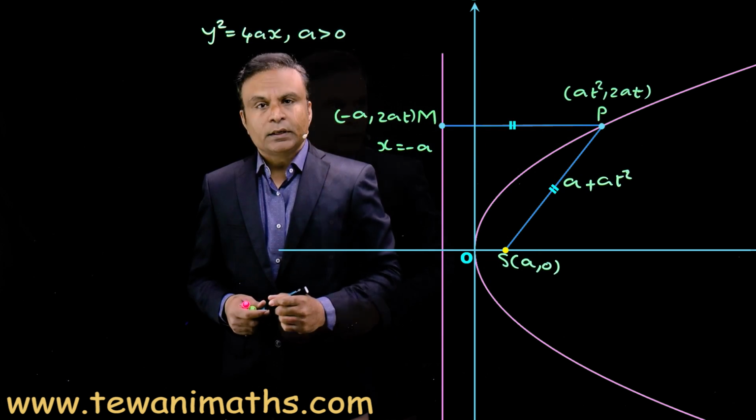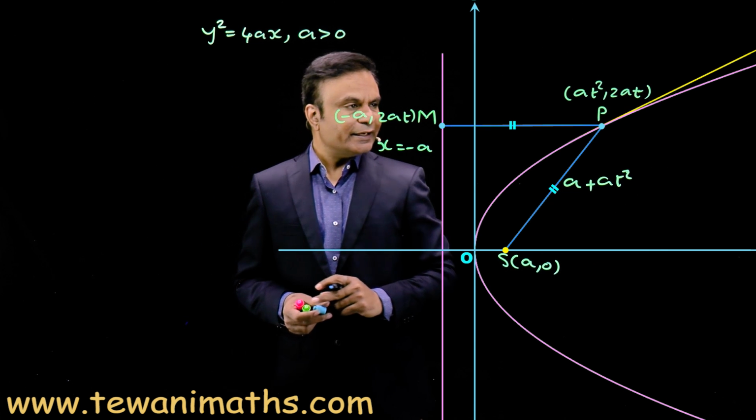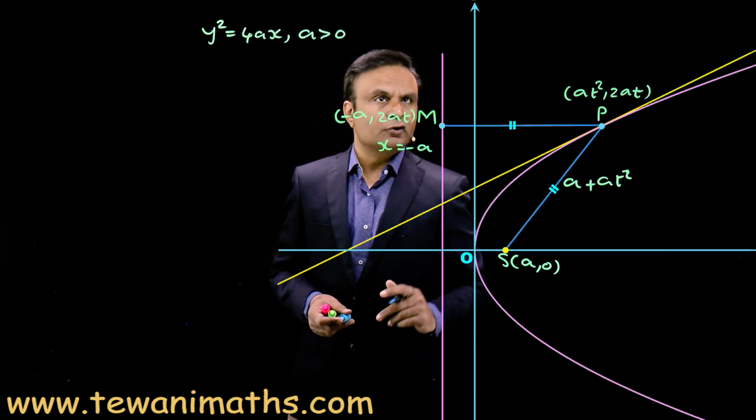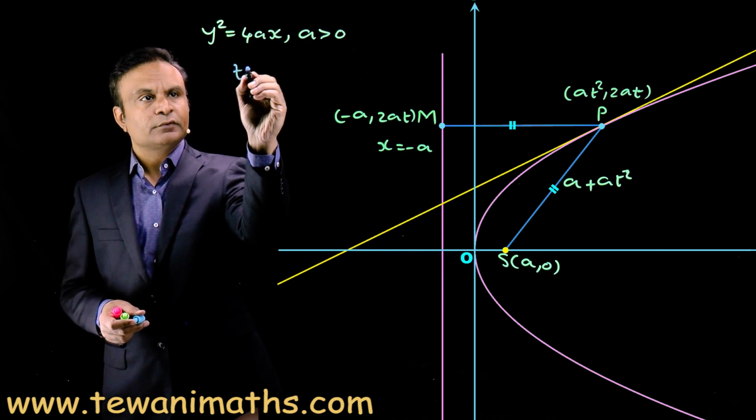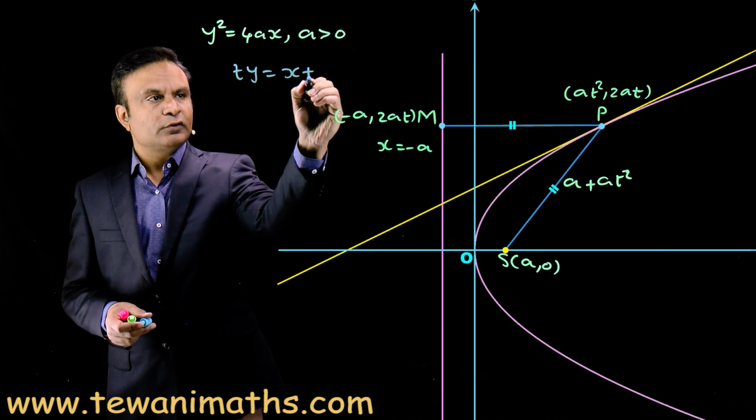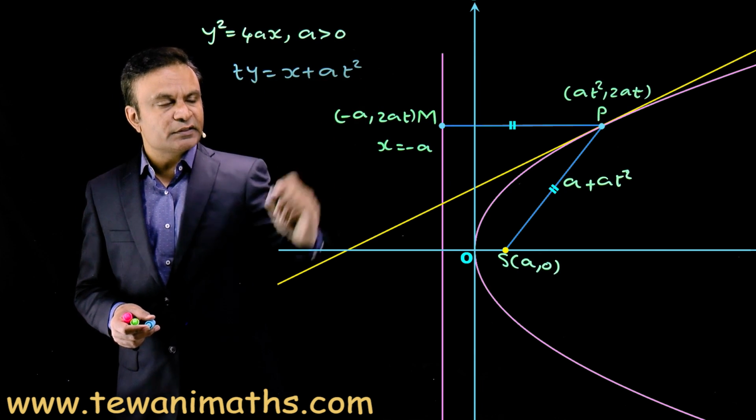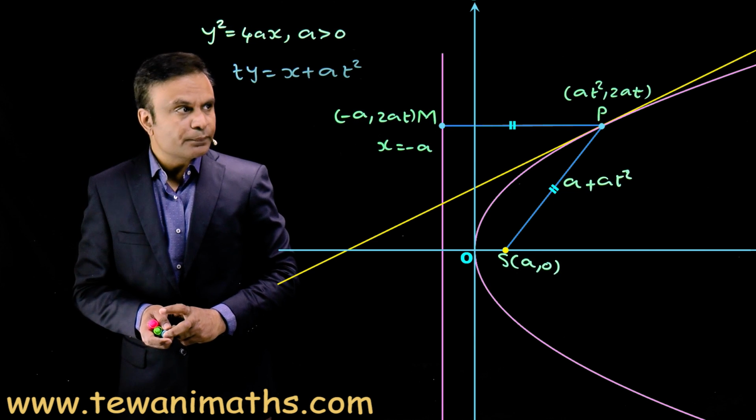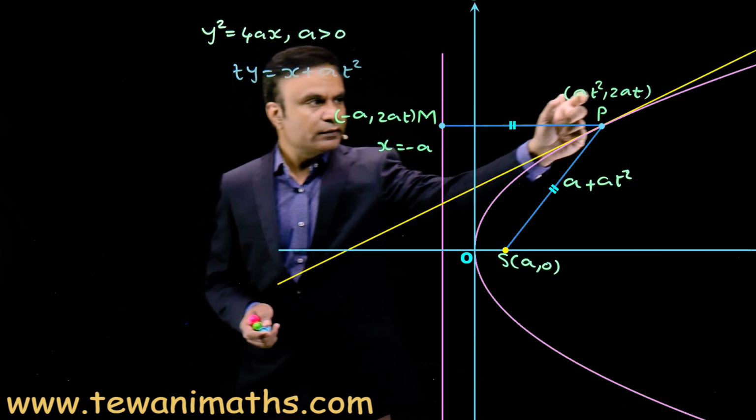Okay. Now at point P, draw tangent line to parabola. Equation of this tangent is ty is equal to x plus at square. This is standard equation of tangent to this parabola at this point.